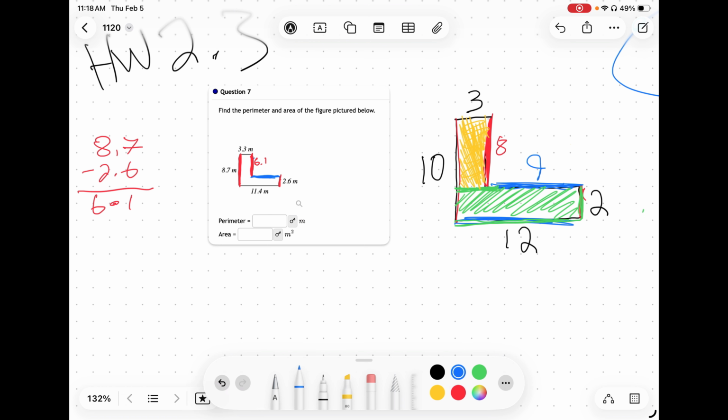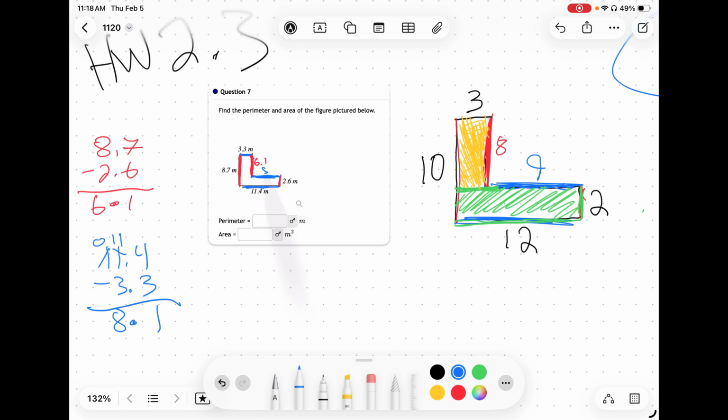And now I need to find the blue section. I know the entire distance down here is 11.4, but I don't want to include this part that's also included in that 11.4. So that's where I can subtract out that 3.3 up there. 4 minus 3 is 1. 1 minus 3, I need to borrow. 11 minus 3 is 8.